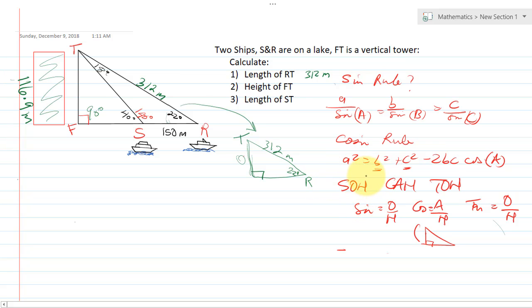So which one are we going to use? We would say that sine 22 degrees is equal to the opposite, which is FT, over the hypotenuse, which is 312. Now, as you can see, we need to make FT the subject of the formula, so we multiply by 312 meters on both sides.